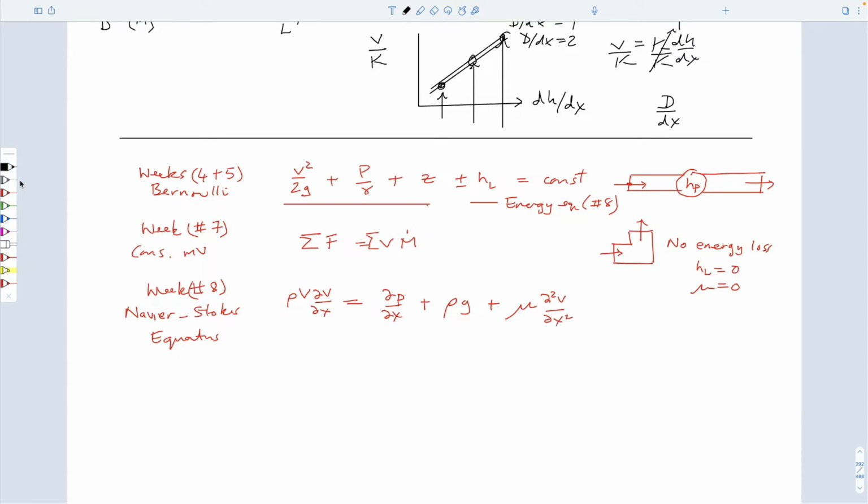But each of these, this is mass times acceleration equals sum of forces. And these forces are pressure, this is gravity or potential, and this is viscosity.